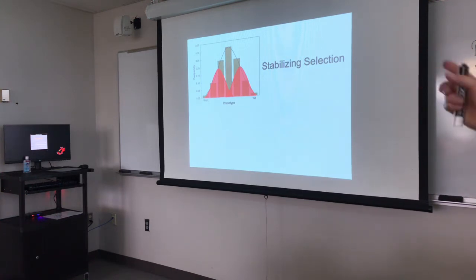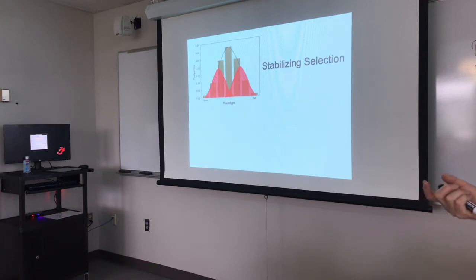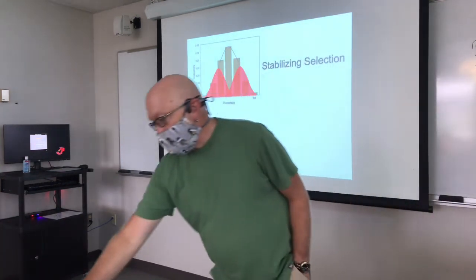You have selection against the extremes. Okay, the average becomes more frequent, so has the average trait value changed from one generation to the next? No, it stays the same, but what happens to the variation? It goes down. That is exactly what happens.